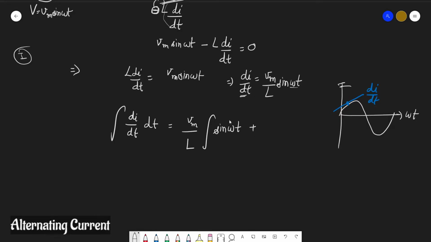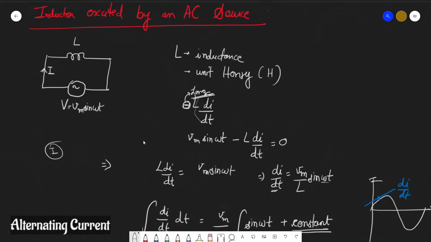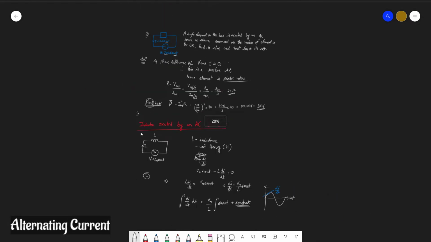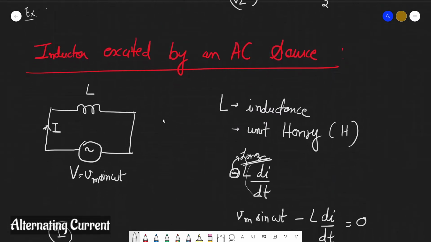As a rule, in indefinite integration we must definitely introduce a constant. Now this constant has a significance in this analysis. What is the meaning of a constant here?